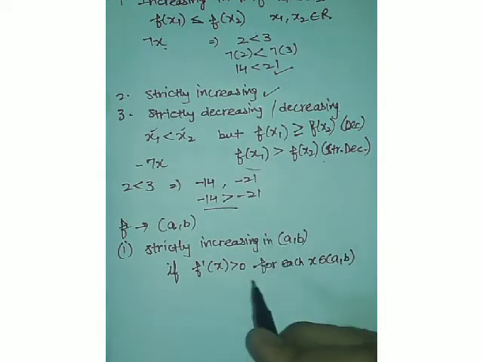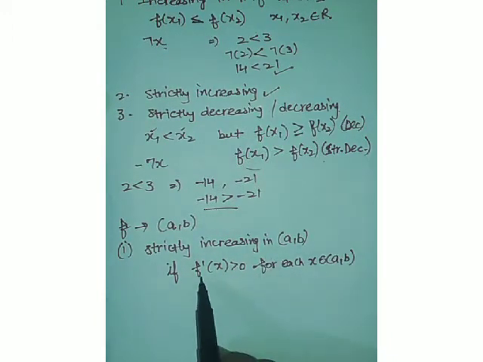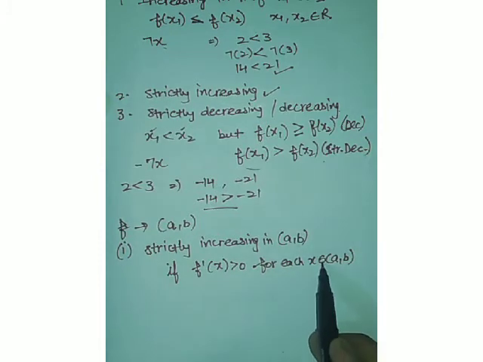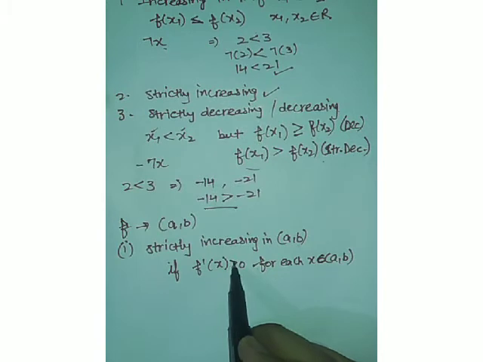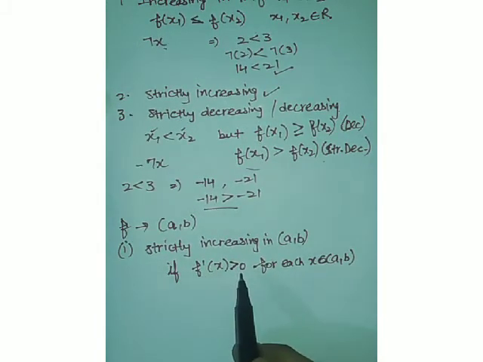What does it mean? It means the differentiation of that function will be greater than 0. When we substitute any value from the given interval, the function's value after differentiating it must be greater than 0 in order to make that function strictly increasing.